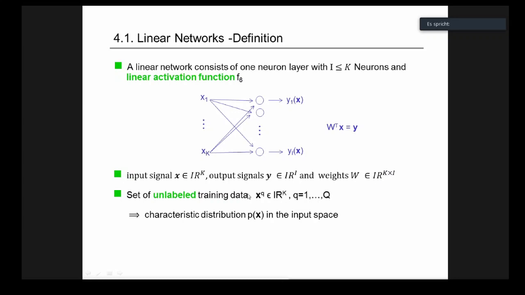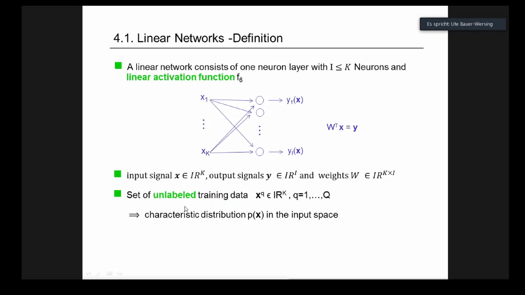All right. So what we further assume for our purpose here is that we have training data, and we do not need labels, so we can live with unlabeled training data. So we have a set of unlabeled training data, x_q, which, because it's input to the network, is k-dimensional, and we have Q examples, Q data points.